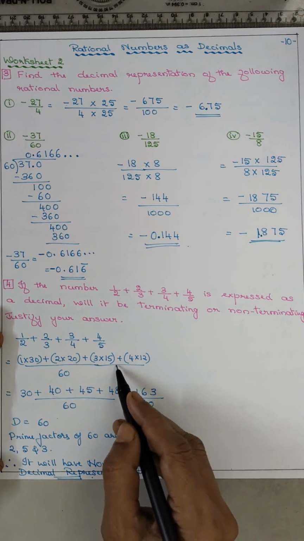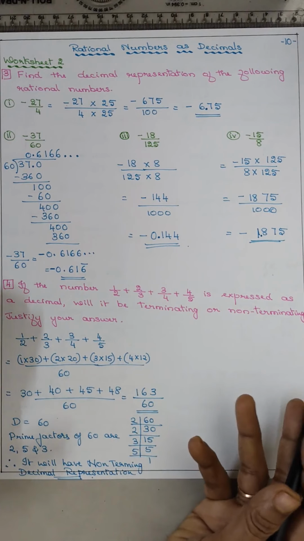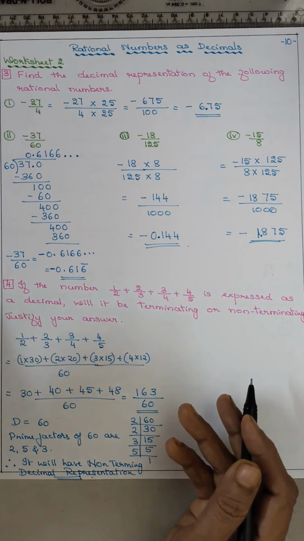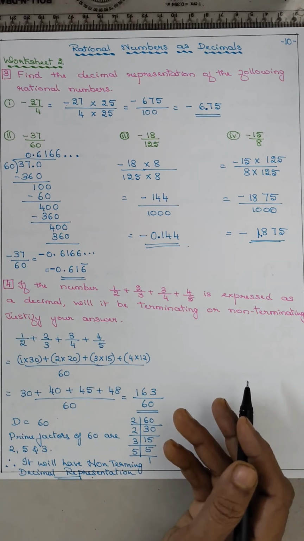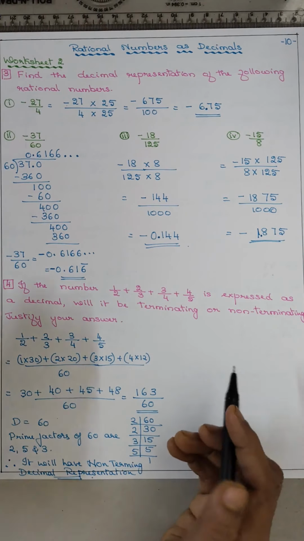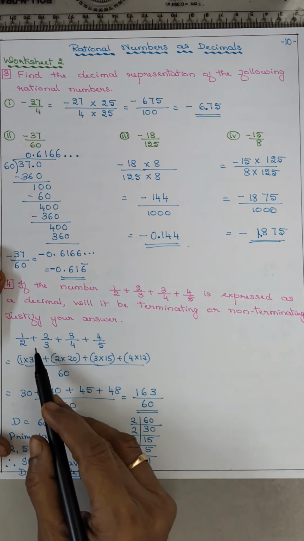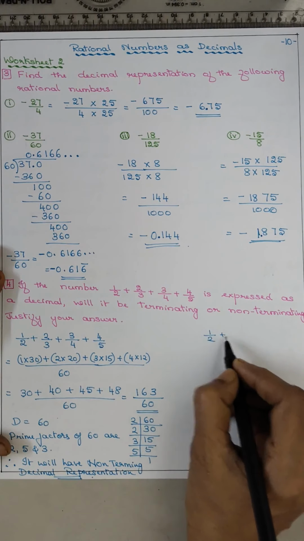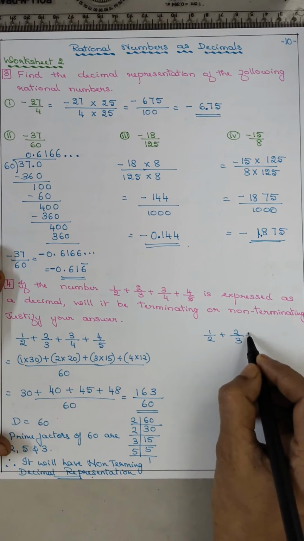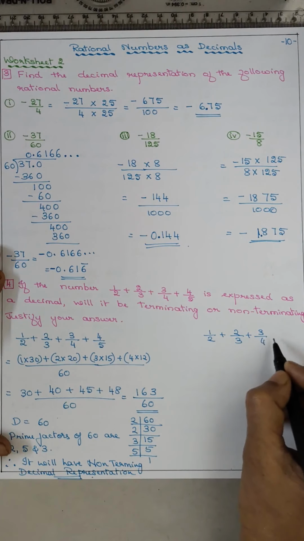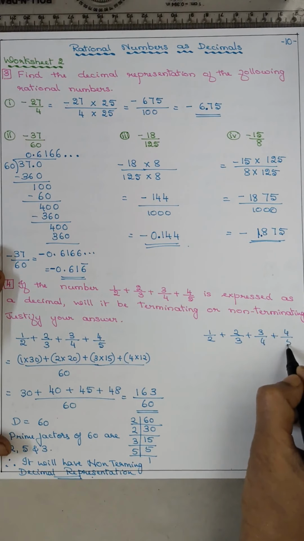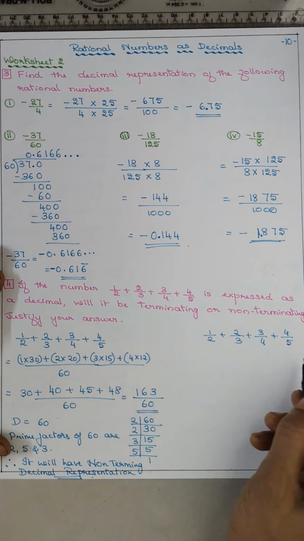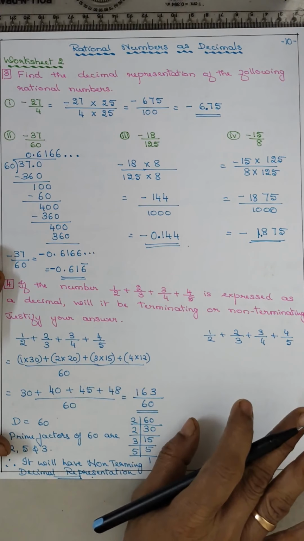Now this addition is not needed if it is an objective paper. Just by seeing the denominators, 1 by 2, 2 by 3, 3 by 4 and 4 by 5, if you take the LCM, it is 60.